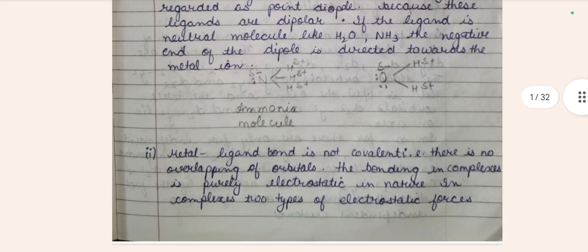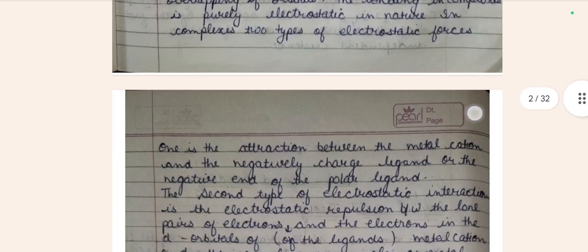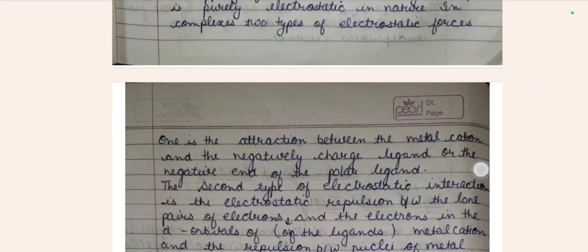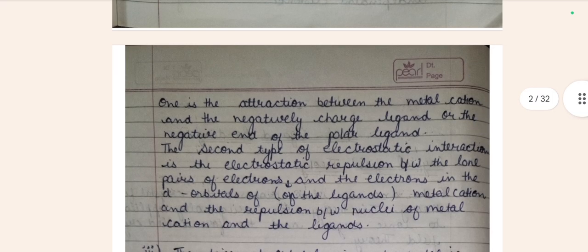The metal-ligand bond is not covalent, therefore there is no overlapping of orbitals, and the bonding in the complex is purely electrostatic in nature. In complexes, there are two types of electrostatic forces. One is the attraction between the metal cation and the negatively charged ligand, or the negative end of the polar ligand.